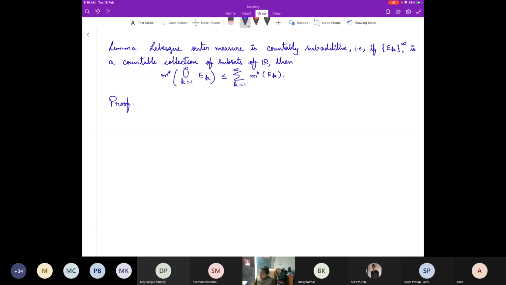Here we will have to prove it for infinitely many sets. We cannot reduce it.